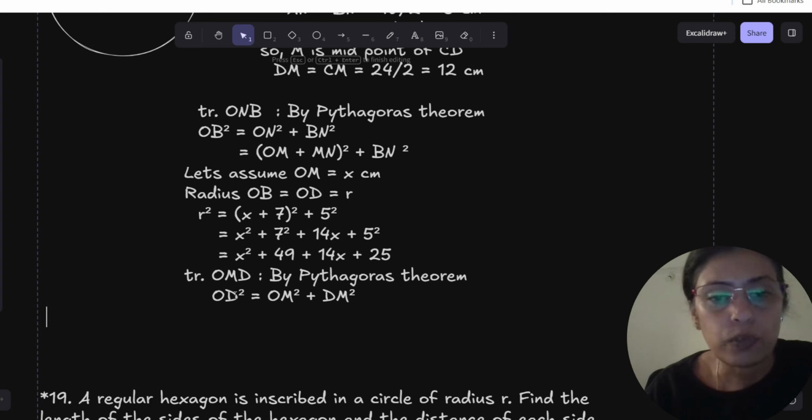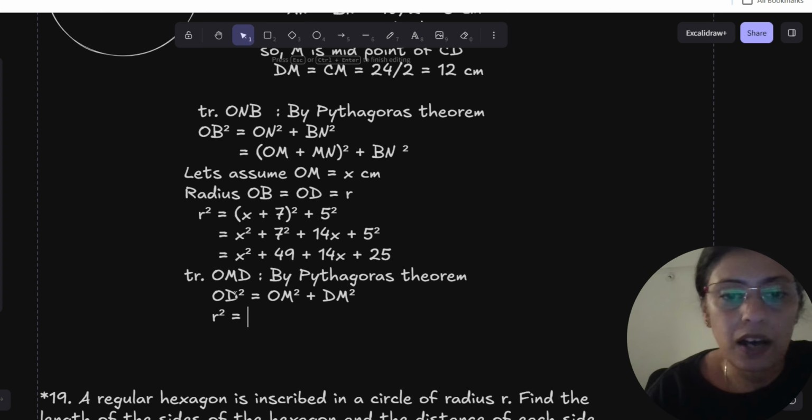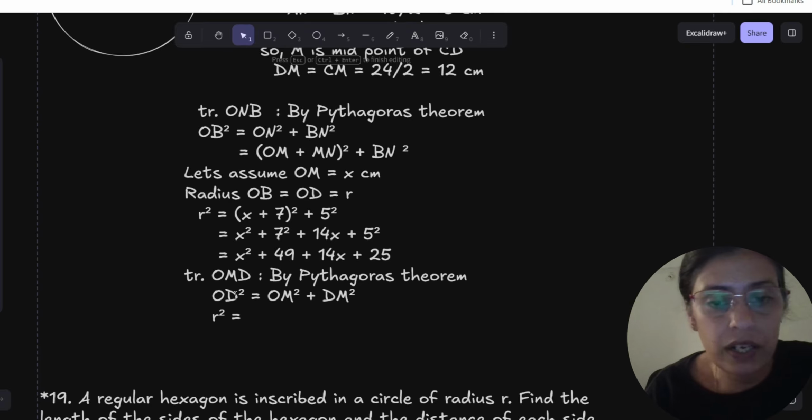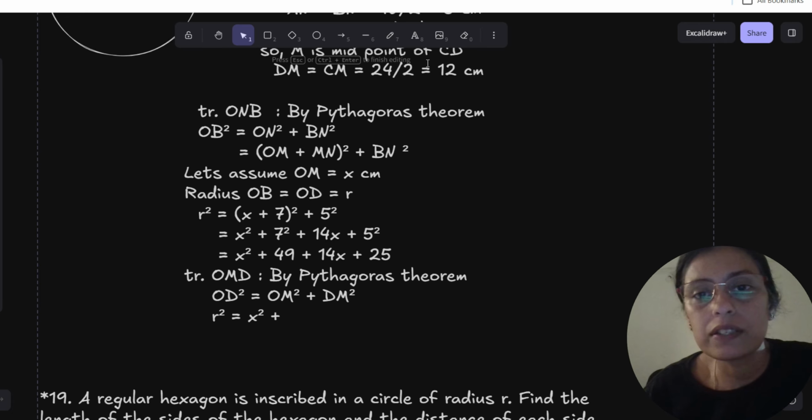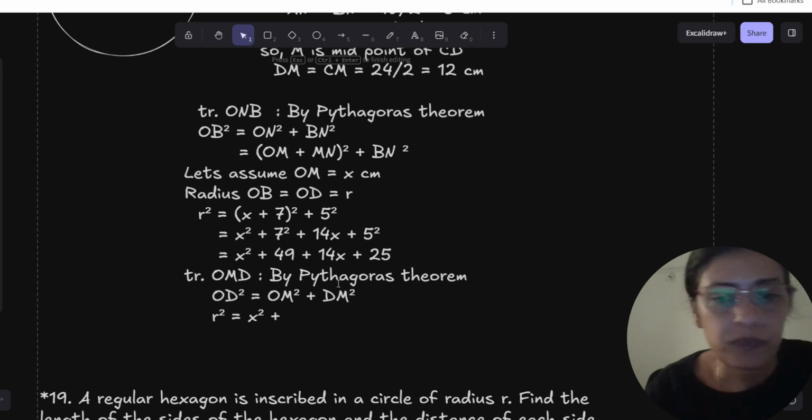Okay, so we can write OD is radius, so we can say R square is equal to, now OM square is X. We assumed here, right? Let's assume OM is X. So this is X square plus DM square we already found here. This is 12 centimeter. So this is going to be 12 square.